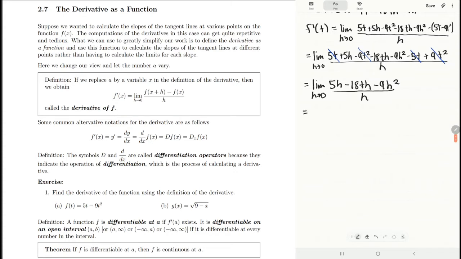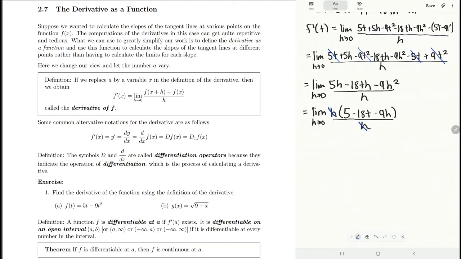We can take out a common factor of h from the numerator, which leaves us with 5 minus 18t minus 9h, all divided by h.